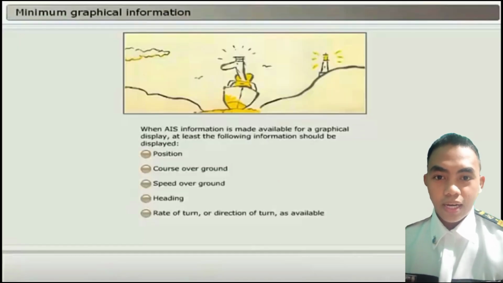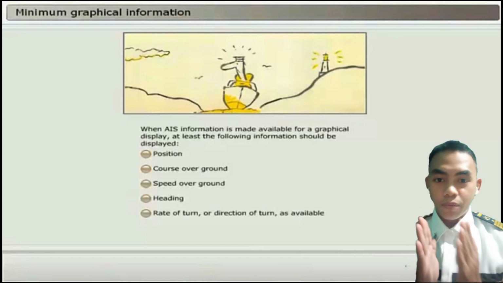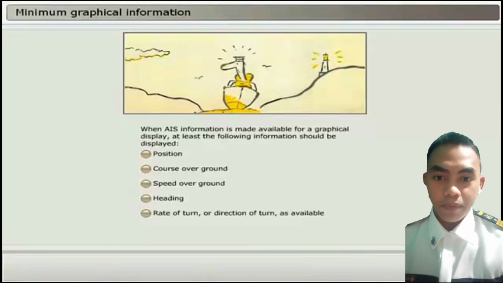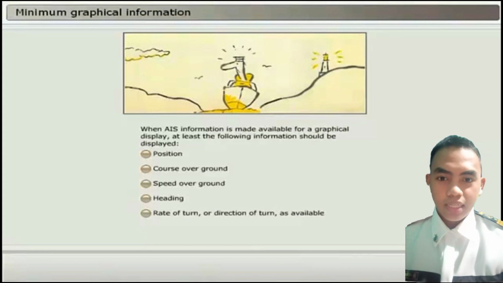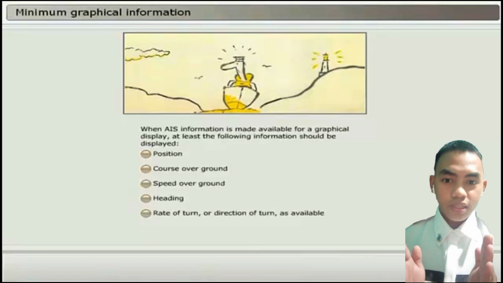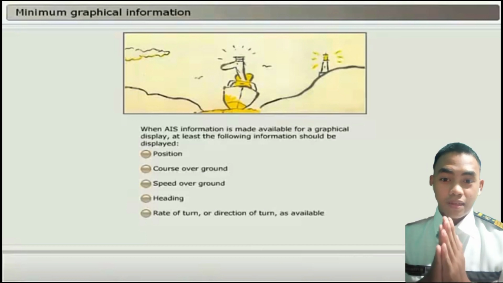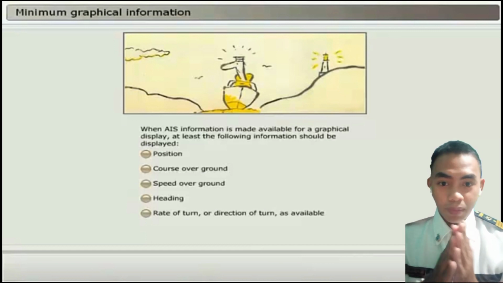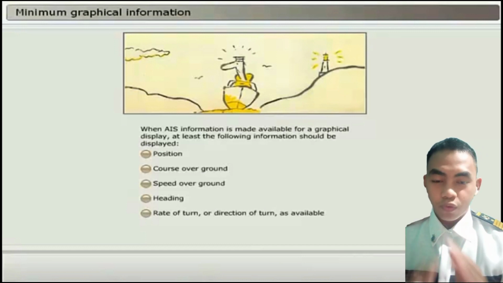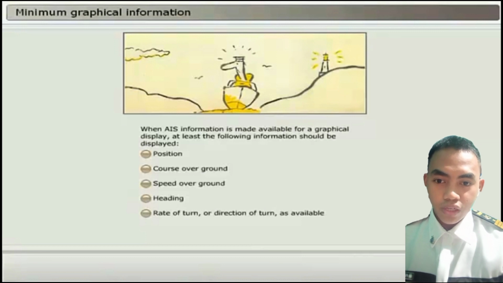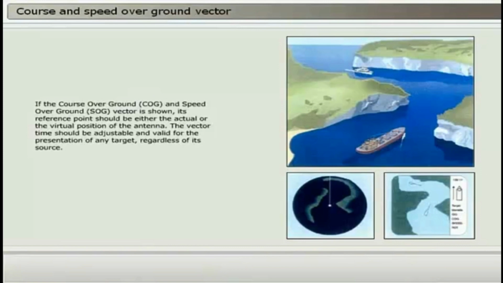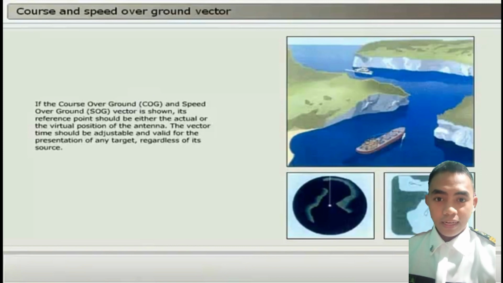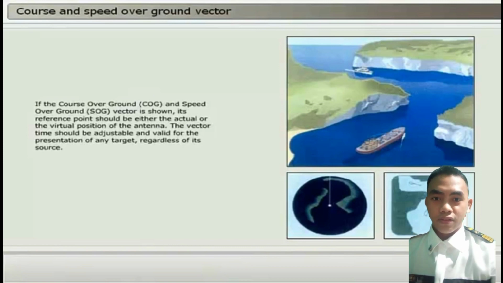The next one is the minimal graphical information. When AIS information is made available for a graphical display, at least the following information should be displayed: position, course over ground, speed over ground, heading, and rate of turn or direction of turn, as available. The next is the course and speed over ground vector.